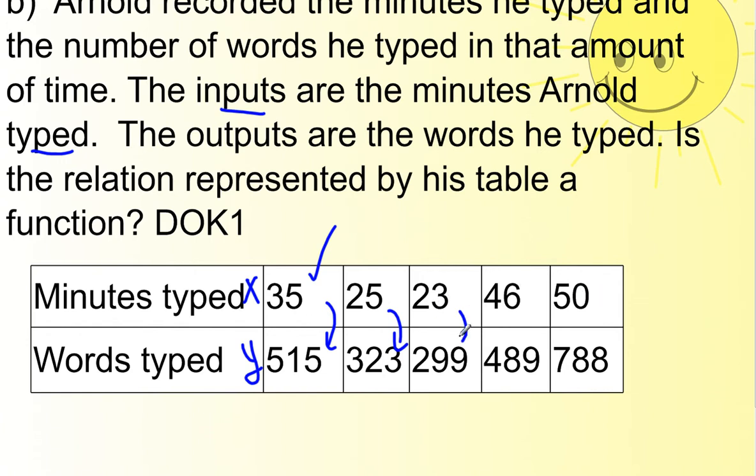No. 23 only goes to 299. 46 only goes to 489. And 50 only goes to 788. Check, check, check, check. This is a function. It's a function because each input has exactly one output. It only goes to one other number. Yes, this is a function.